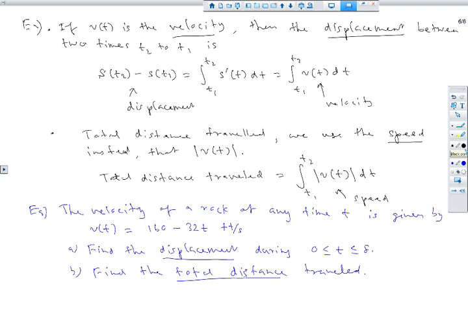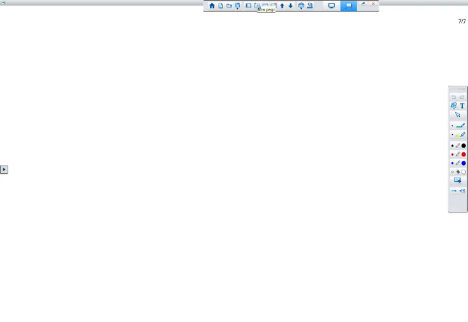So let's do that. The displacement is the integral from 0 to 8 of the velocity, right?